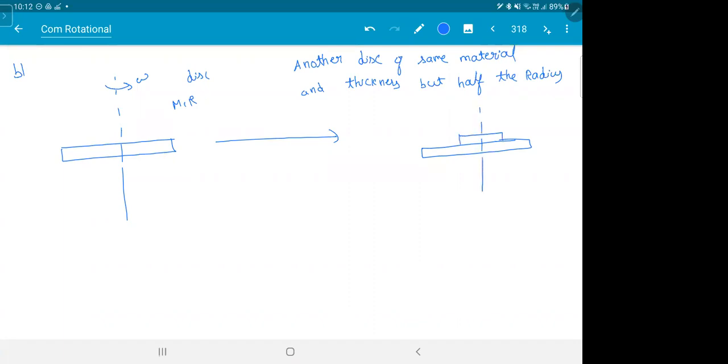Meaning like this, you kept it. So this is r by 2 and this is r. And this is omega final. Find omega final. Only difference between this and the previous is the disk is half the radius.